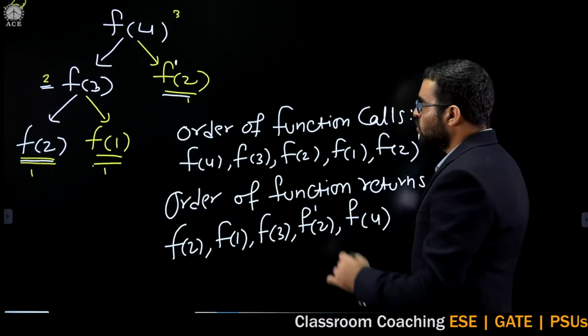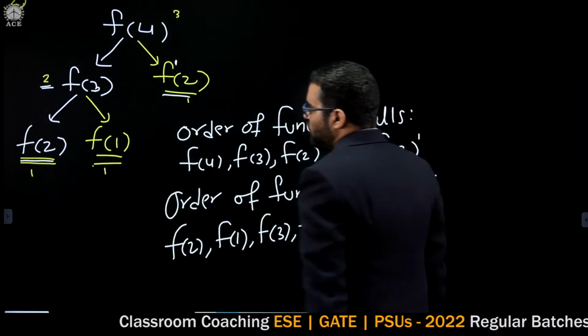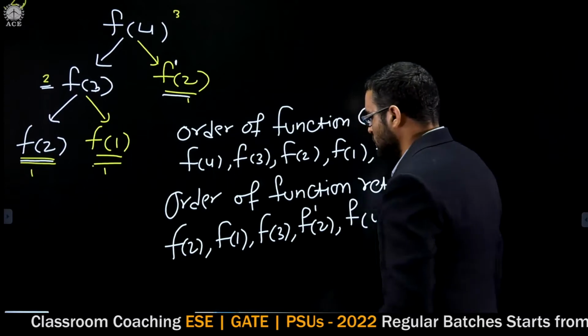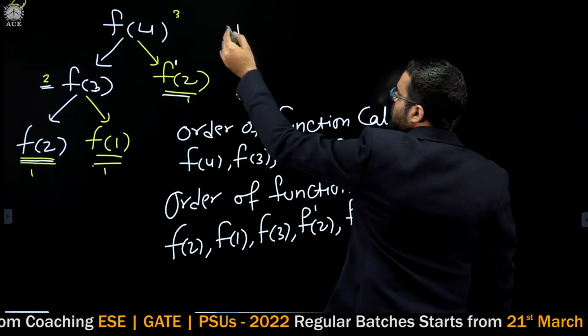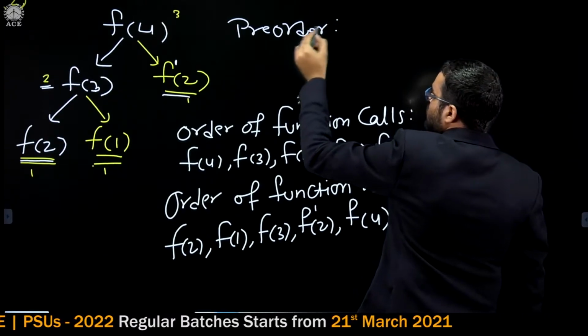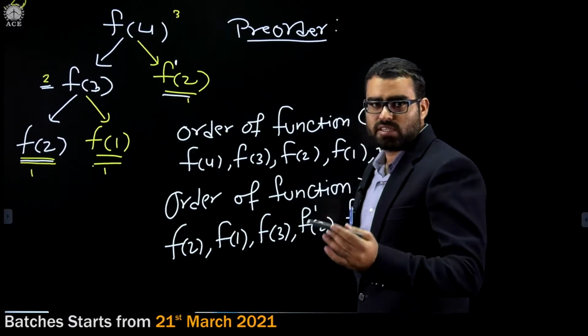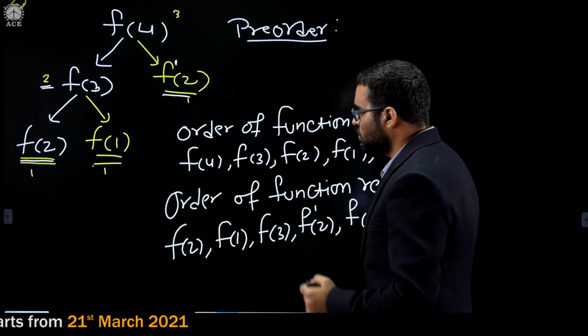Now consider this as a tree. If I write the pre-order traversal, what will it be? So let me write pre-order traversal. In the pre-order traversal of any tree, what do we do?